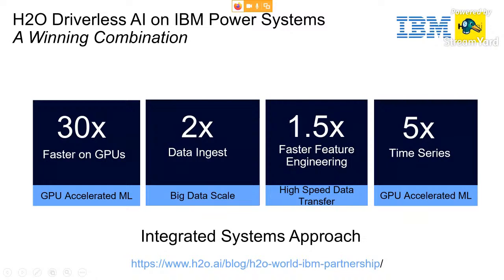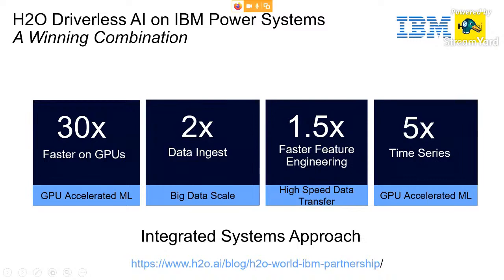It talks about the value of Driverless running on IBM GPU-enabled Power servers. 30x speed up on machine learning algorithm training and testing versus CPU-only servers. 2x faster data ingest on the IBM Power servers. 50% improvement in feature engineering. And for time series, of which we're going to demo, they saw a 5x speed up using IBM GPU-enabled servers. So it is a good testimonial to what IBM brings to the table with our IBM GPU-enabled Power servers.